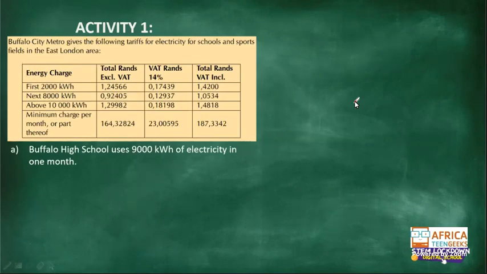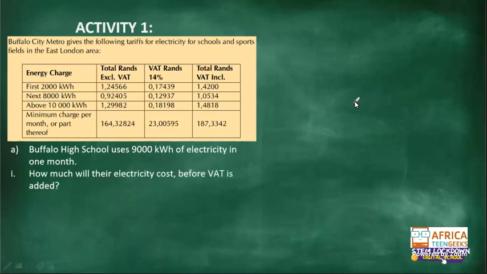Okay, A. Buffalo High School uses 9,000 kilowatt hours of electricity in 1 month. How much will their electricity cost before VAT? Now already we just circle that just to make sure we take note. Before that is added. So where do we start?